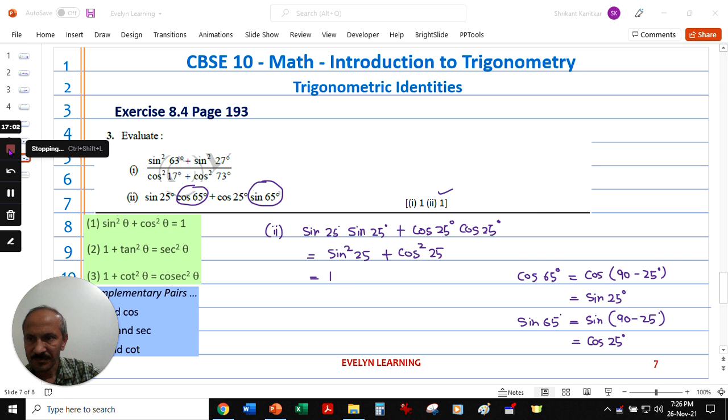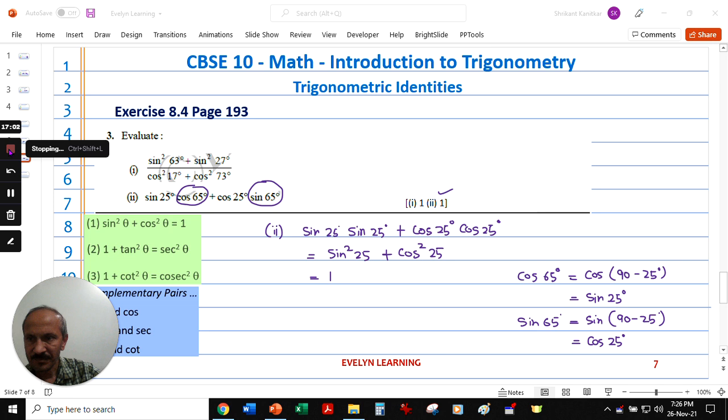Cos 65 degrees is nothing but cos of 90 minus 25 degrees. 90 minus 25 is 65. Now cos of 90 minus theta becomes sin theta, that is sin 25 degrees. So cos 65 was replaced with sin 25 degrees.